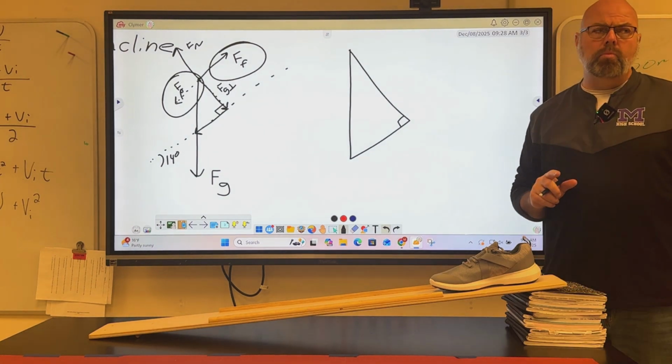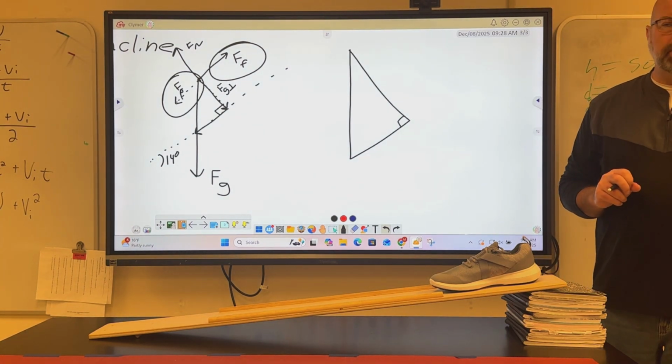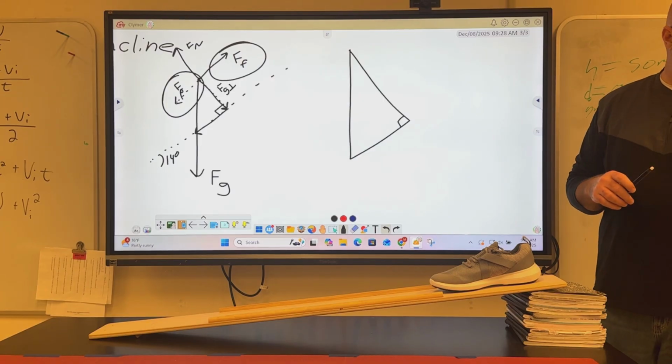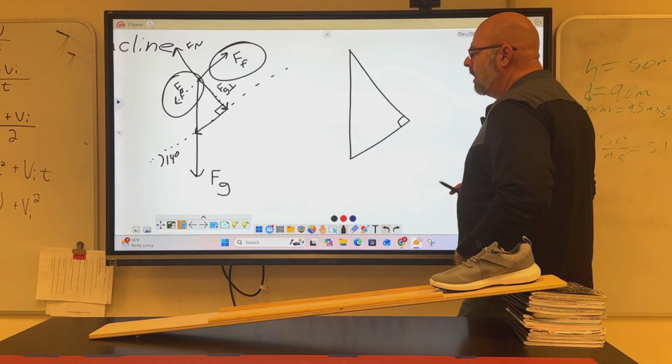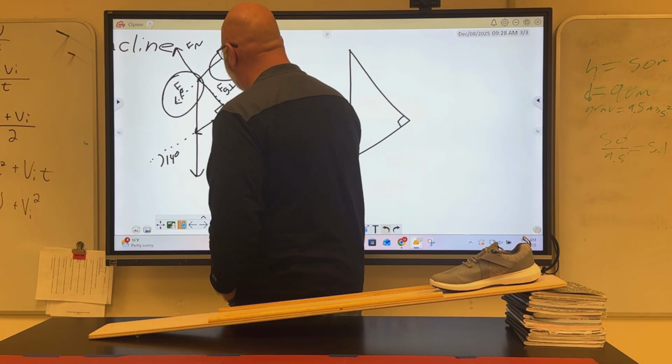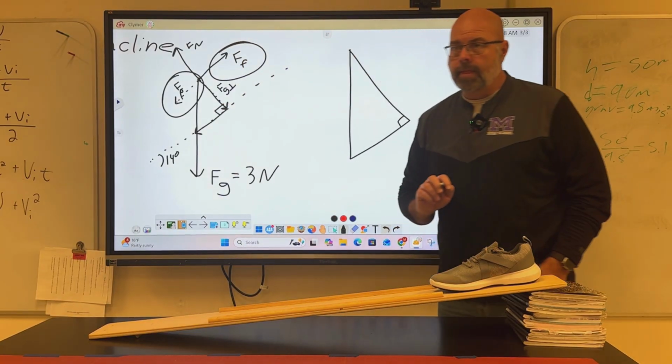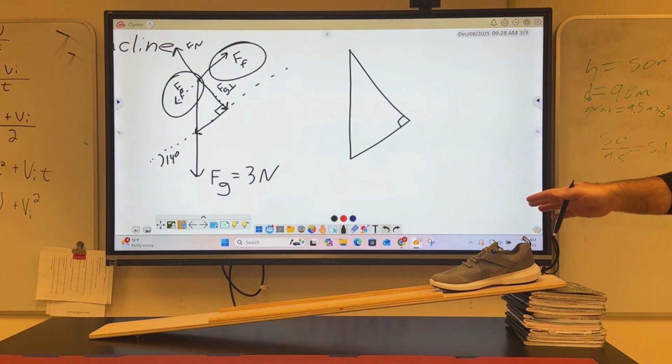So that would be the weight of our shoe. The mass of the shoe would be that divided by 9.8. So we're going to call the force of gravity 3 newtons, which is the mass of our shoe times 9.8.